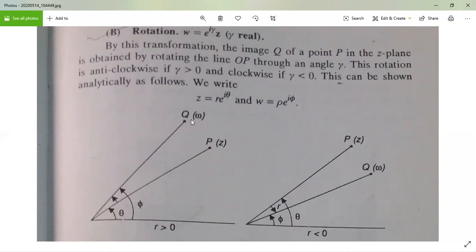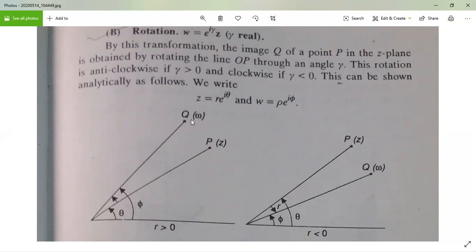This rotation is anti-clockwise if gamma is greater than 0, and clockwise if gamma is less than 0, because when we take an angle in the clockwise direction, the angle must be negative, and when we take the angle in the anti-clockwise direction, the angle must be positive.